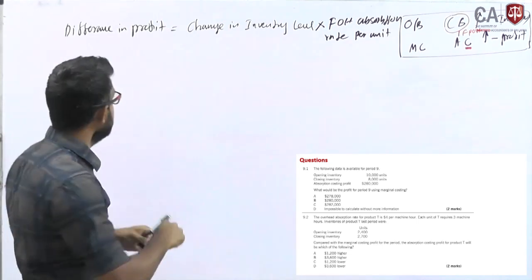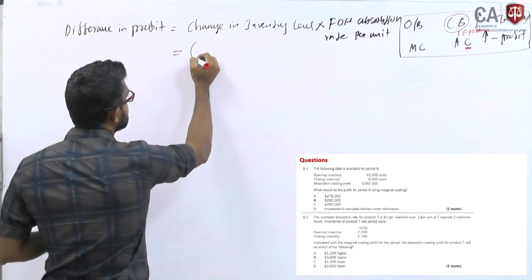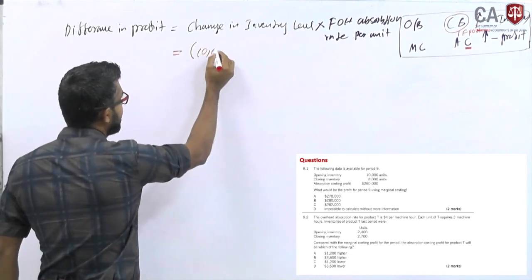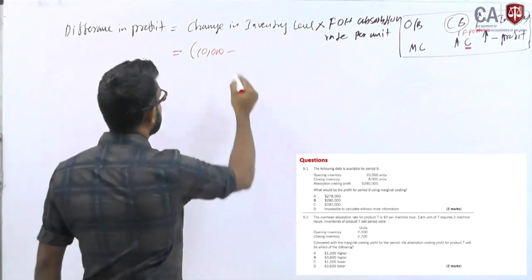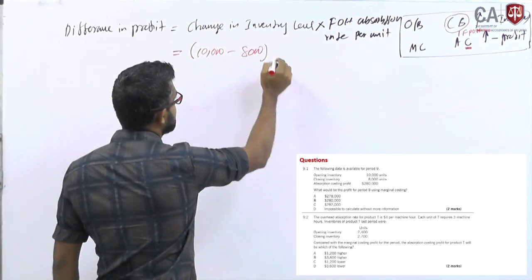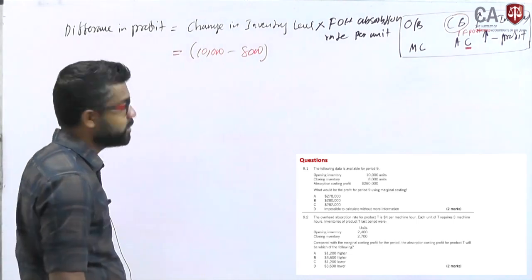Opening balance 10,000, minus closing balance 8,000. Inventory level has reduced.